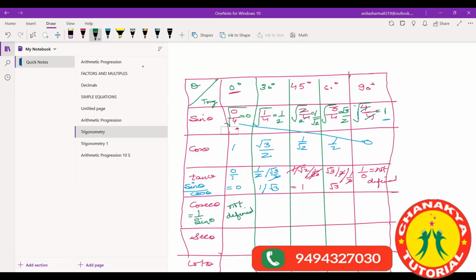Then reciprocal of 1 upon 2 will be 2. And then reciprocal of 1 upon root 2 is root 2. Reciprocal of root 3 by 2 is 2 by root 3. And then reciprocal of 1 will be 1. Good.